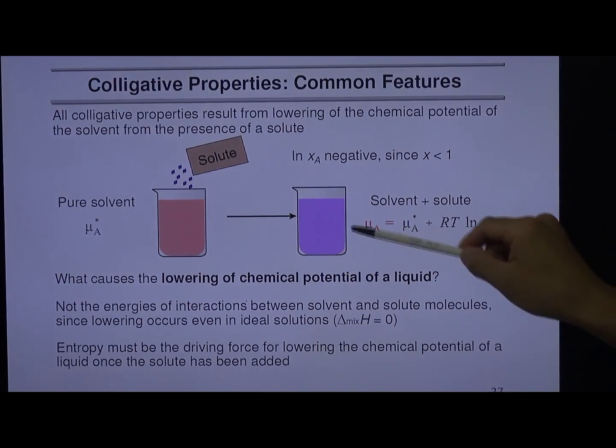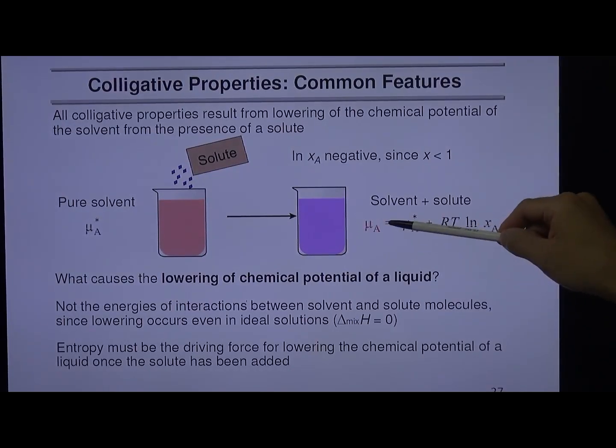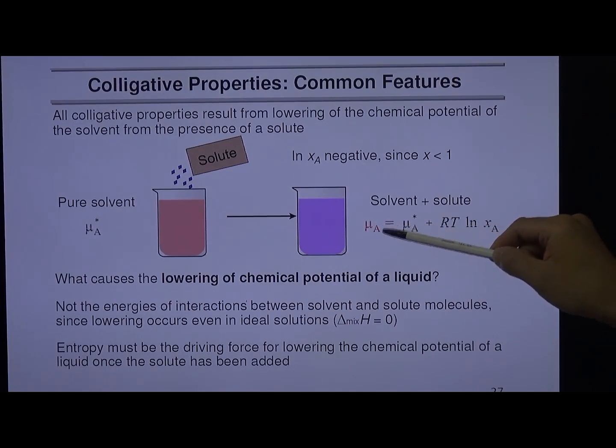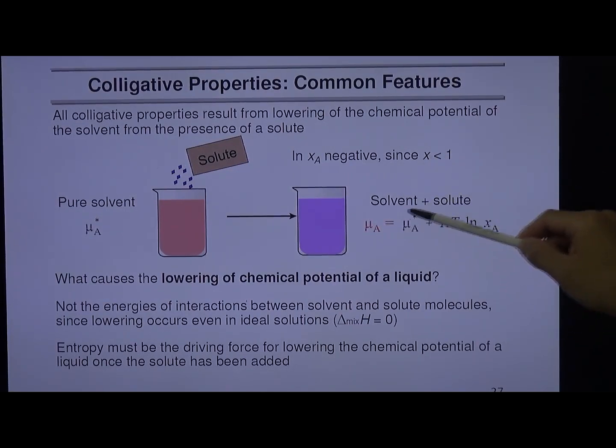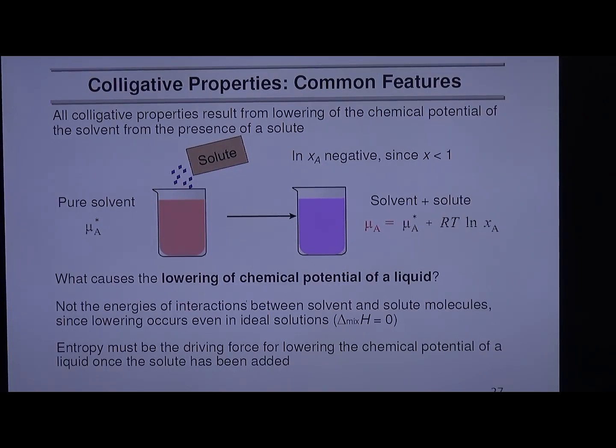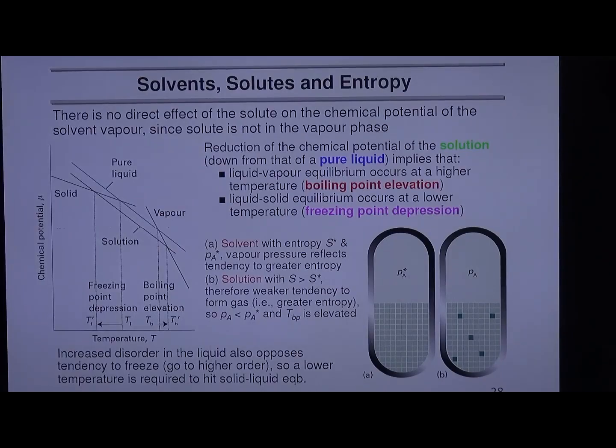Okay, so the chemical potential of the solvent in a solution is lower than the chemical potential in pure form. Okay, so this lowering of chemical potential is the main reason why we observe colligative properties. Let's see why. Okay, why we experience boiling point elevation or freezing point depression.